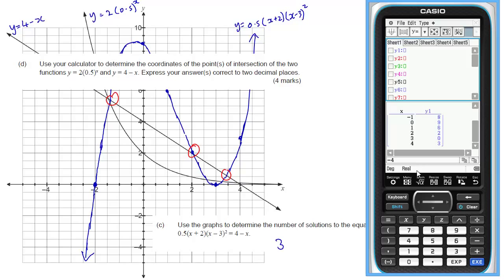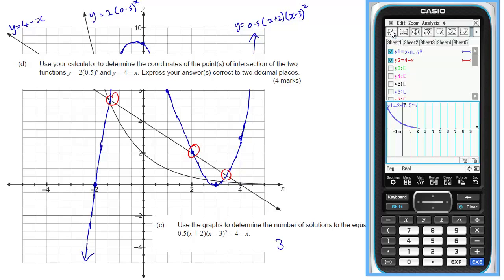And y1 I'm going to make 2 times 0.5 to the x, and then y2 will make that 4 minus x, and this time we're going to graph, and we can see 2 intersections just as we can see on our graph.